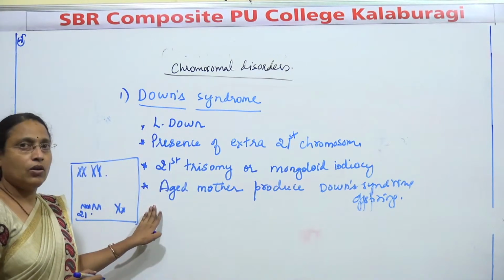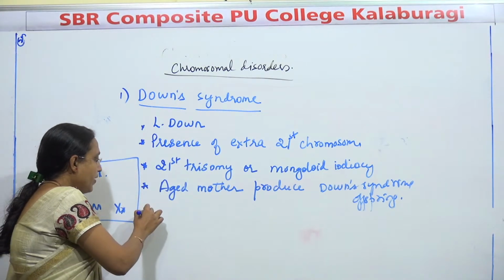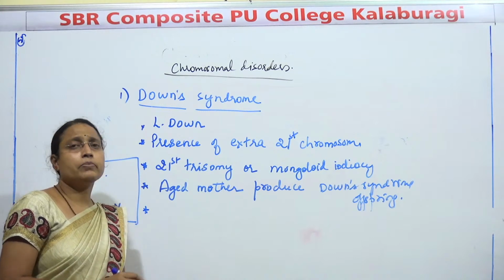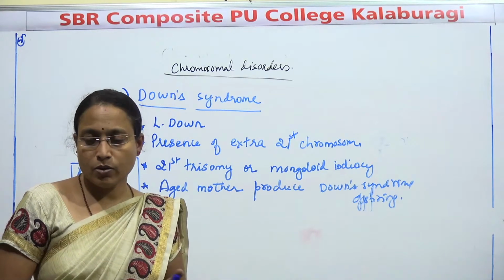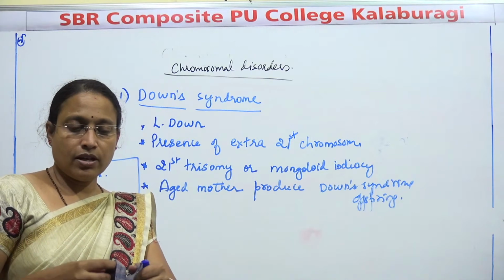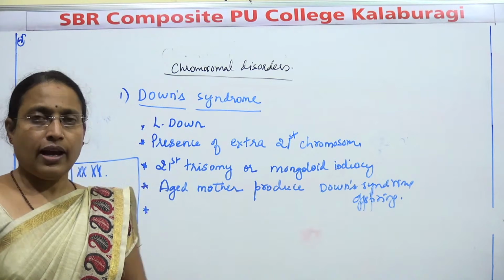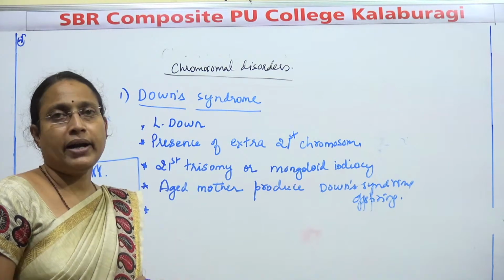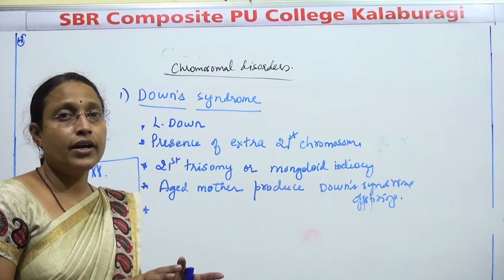This is one point. And next, finally coming to certain symptoms. People who are suffering with Down syndrome will exhibit certain symptoms. Now before that, you should know the chromosomal complement, which is also called chromosomal condition.